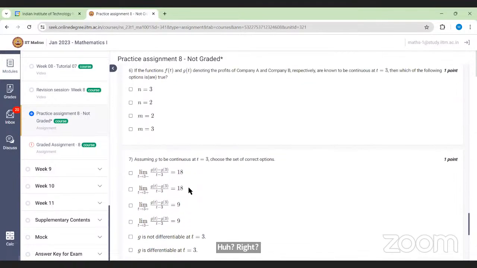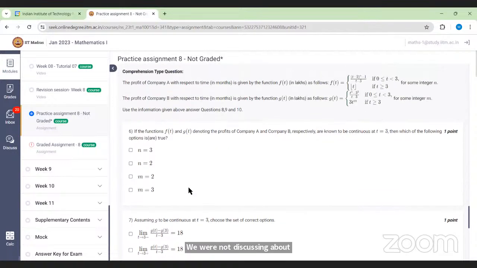Okay, ma'am. In this we were not discussing continuity for an interval. No, not in this question. My question is different. I'm asking that in this week we are always discussing continuity and differentiability at a point. But in the graded assignment, they have asked in a question to check if it is differentiable for an interval.